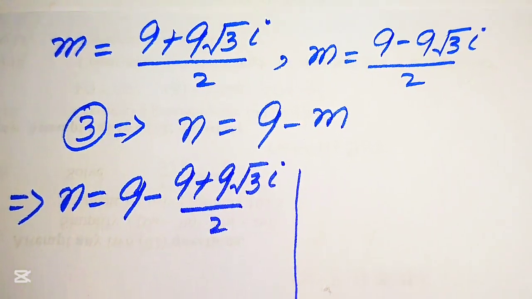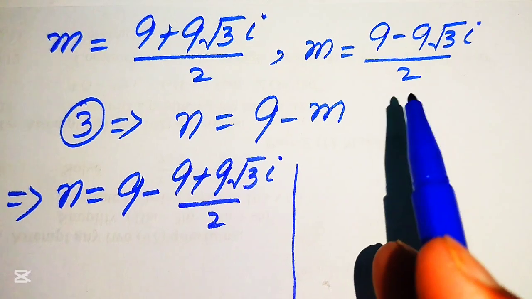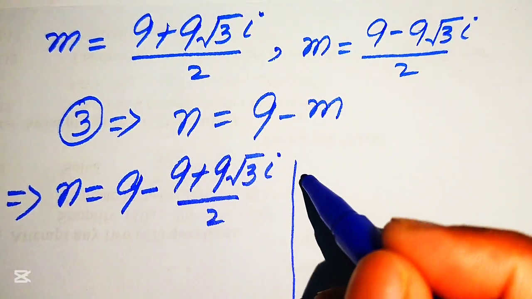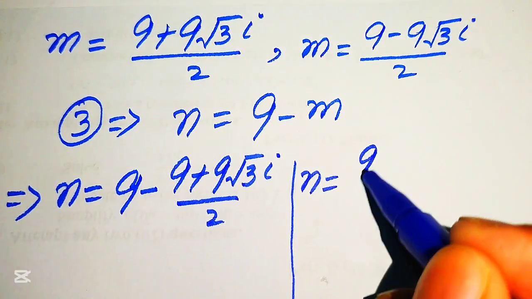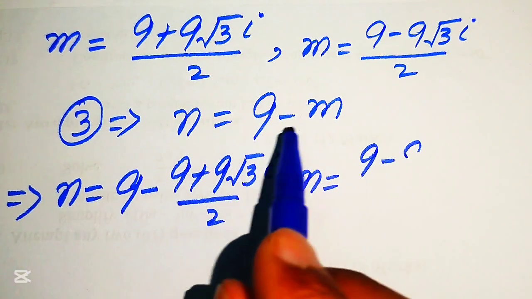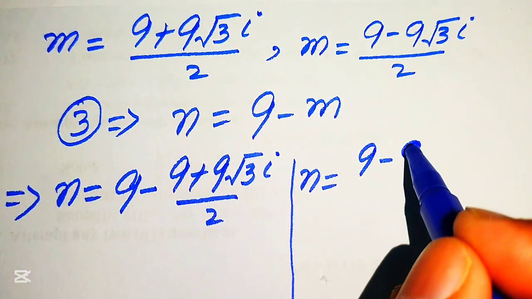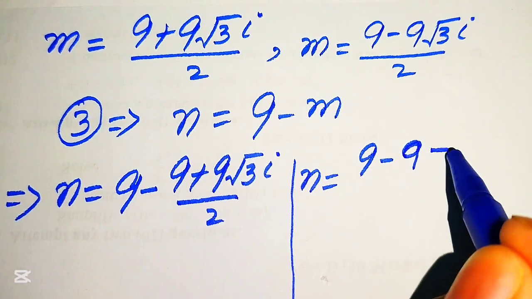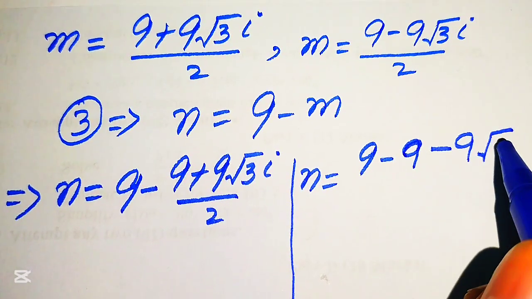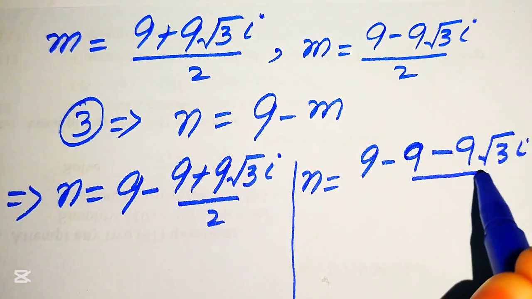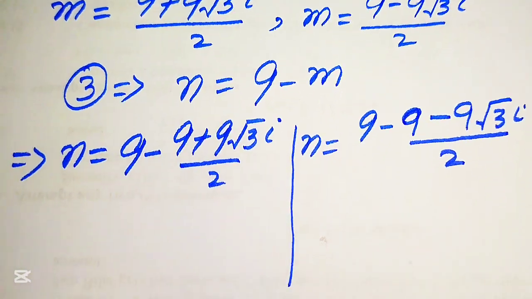On the other side we put this value of m and we get n equals 9 minus m, which is 9 minus the value of m, 9 minus 9 times square root of 3 iota, divided by 2.